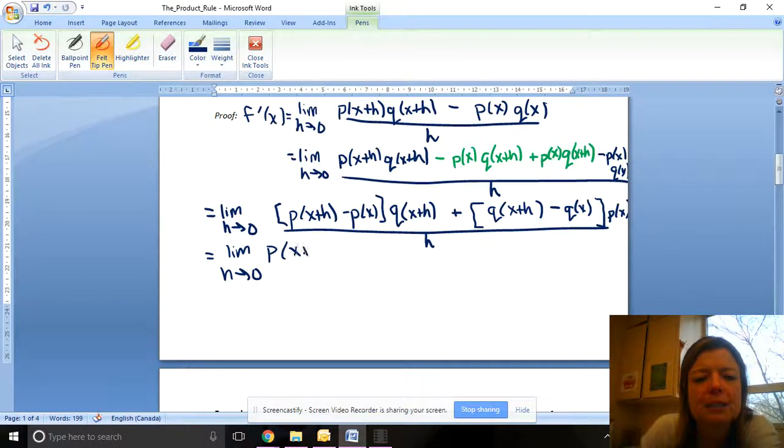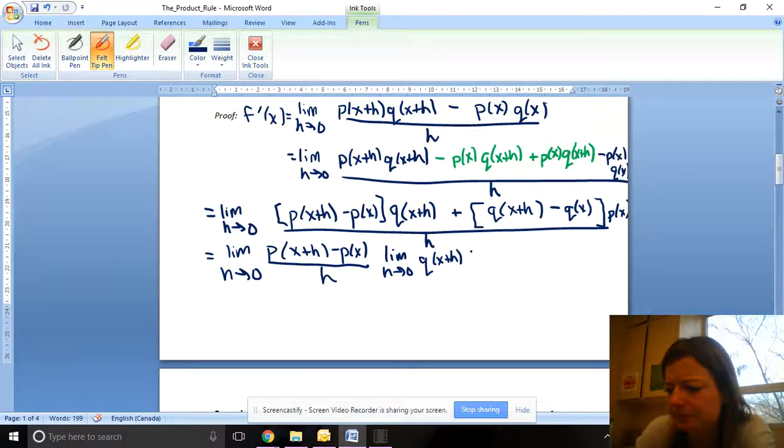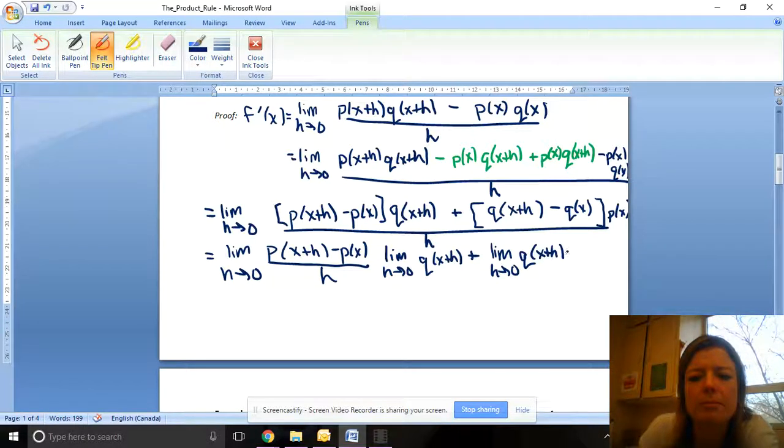So this is the limit of p at x plus h minus p at x over h, and then times the limit as h approaches 0 of q at x plus h, plus the limit as h approaches 0 of q at x plus h minus q at x over h, times the limit, oh, I'm running out of room, as h approaches 0 of p at x. That's a p at x.